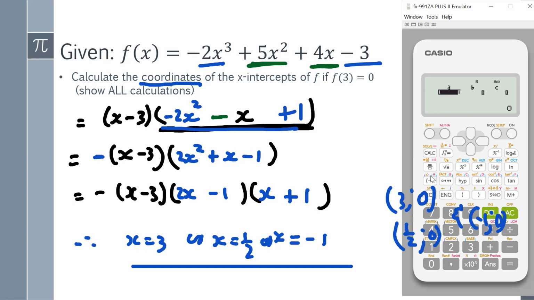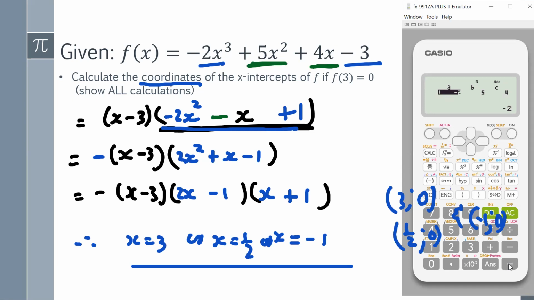As you can see, A is -2, B is 5, C is 4, and the constant term is -3. Guess what? This calculator can even give you all answers, even though they are fractions. Look at that. We get all the answers as we anticipated.